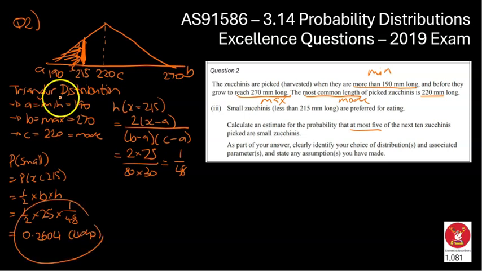Okay, now that I've got that, this here is actually going to be the probability of a successful outcome in terms of my binomial distribution, a successful outcome being the probability of being a small one. So the next part of my question is I need to calculate the estimate for the probability of there being at most 5 of the next 10 zucchinis picked that are small. So I'm now going to switch back over to a binomial distribution.